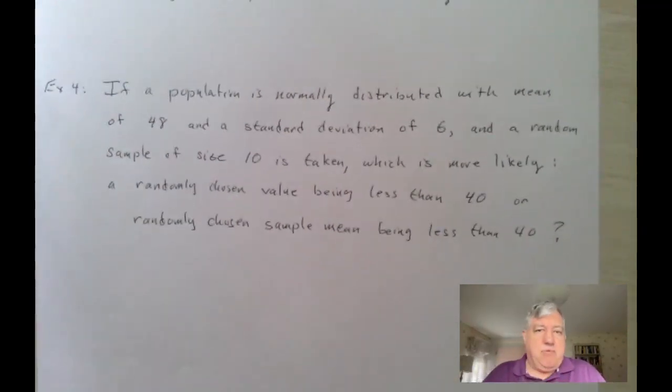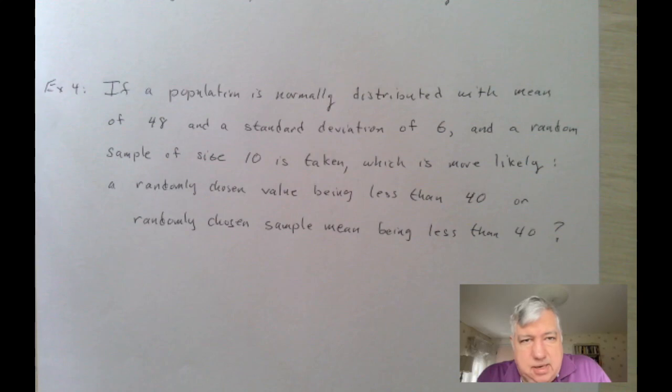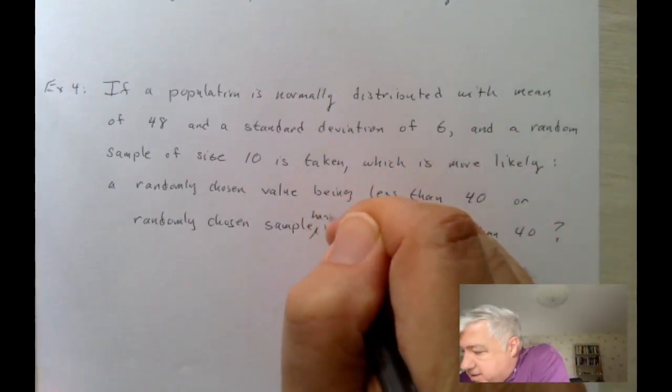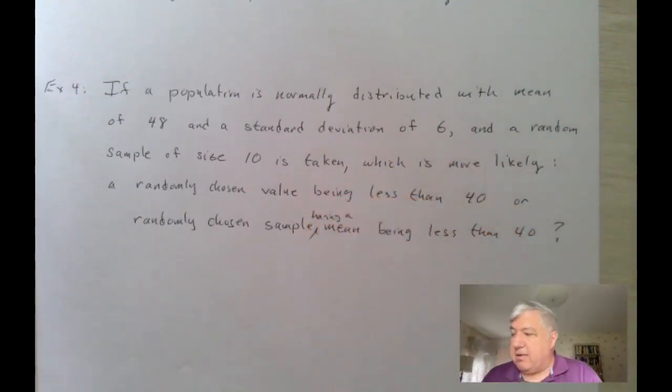The last example: if a population is normally distributed with a mean of 48 and a standard deviation of 6, and a random sample of size 10 is taken, which is more likely, that a randomly chosen value is less than 40, or a sample having a mean less than 40?